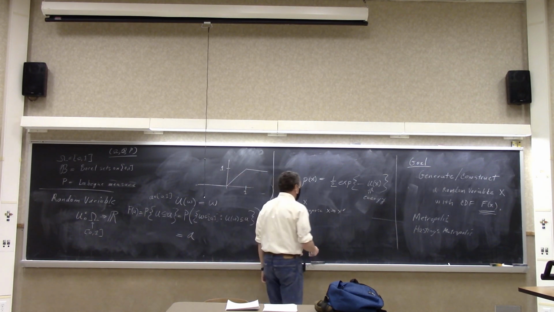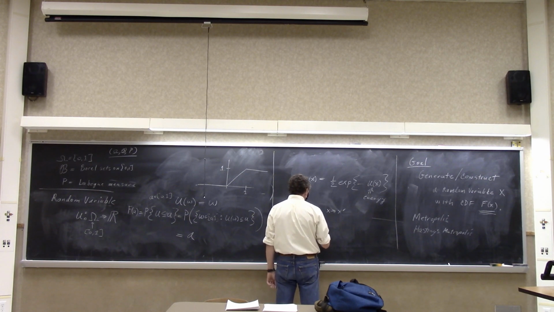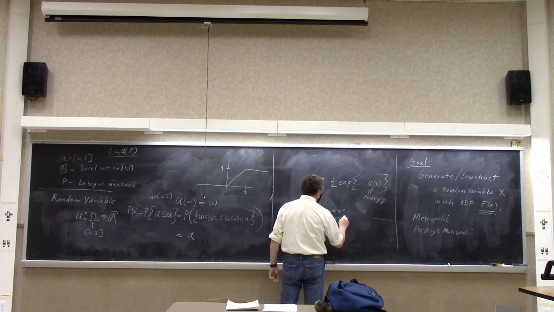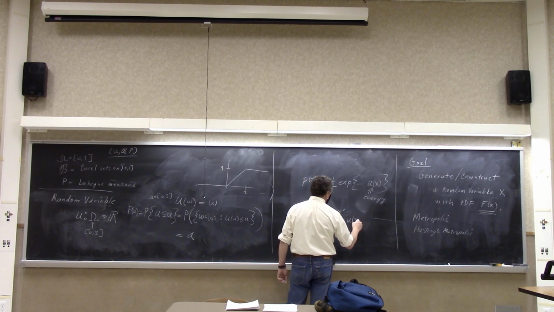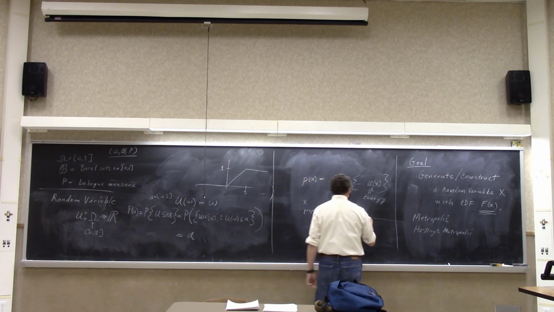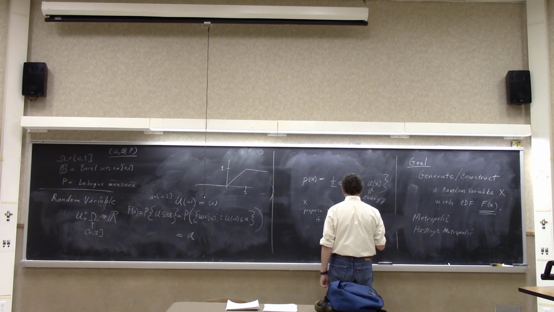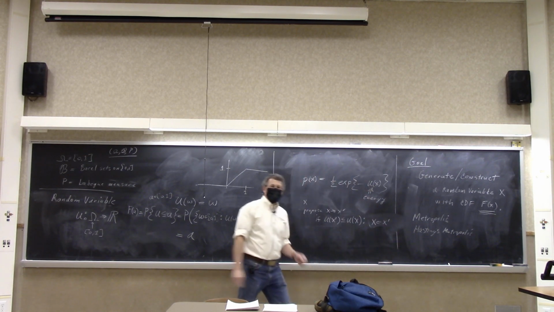Then you make the proposal, and then you say, if u of x prime is less than or equal to u of x, then, I'm going to use Python notation, what you do is you make x go to x prime. So you adopt the change.